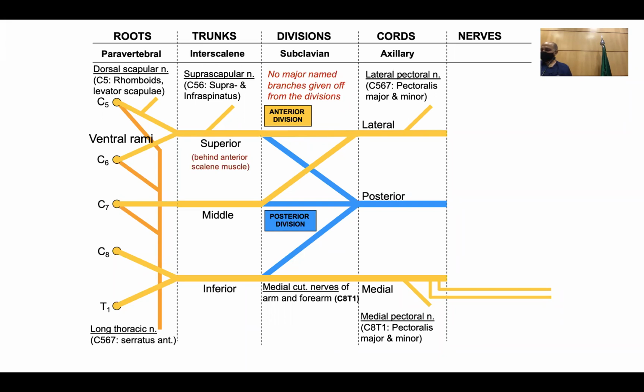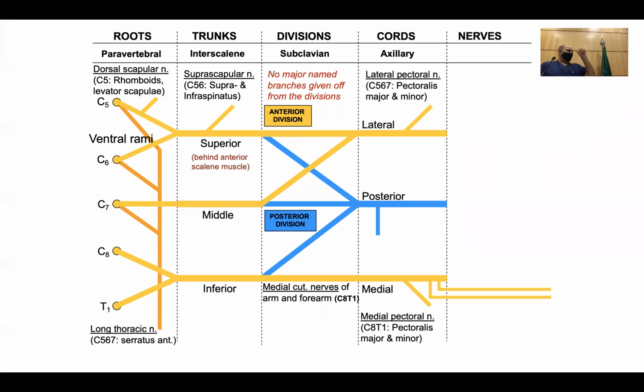These are the medial cutaneous nerve of the arm and forearm. One is bringing sensation from my arm, and the other from my forearm. They are cutaneous nerves coming from the medial cord.